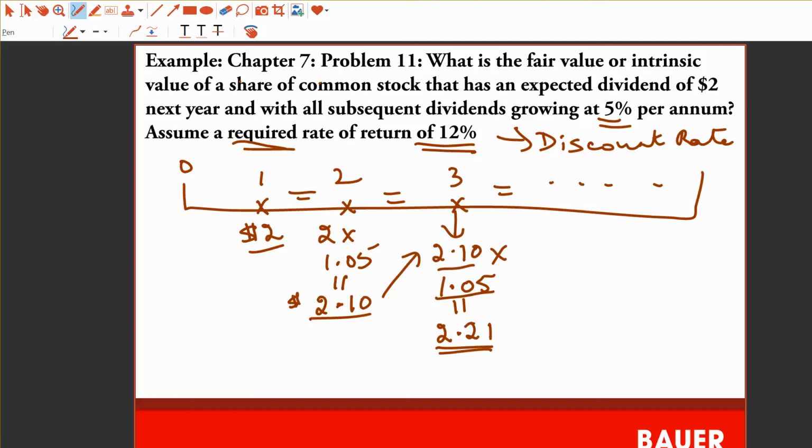So this is a stream of dividends that's growing. What is the value of the stock today, or what we call the intrinsic or fair value of this asset, which happens to be called common equity? Let's think about what this is. This is not an annuity because it continues forever. Is it a perpetuity?